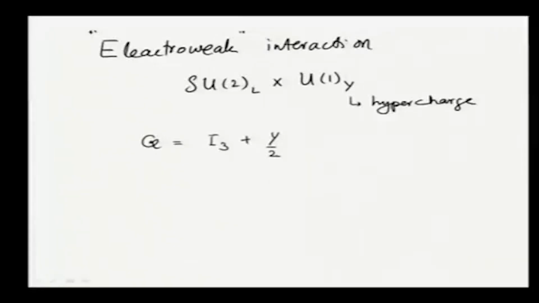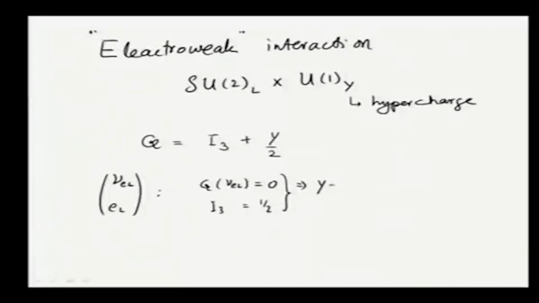where y is the hypercharge. Now, let us look at the left-handed electron and neutrino doublet. Q of nu E L is equal to 0. We know that it is a neutral particle. I3 of this is plus half, and that is sufficient to fix y to be equal to minus 1. If I take y equal to minus 1, I have minus 1 by 2 in the second term of the relation above, and I3 is plus 1 by 2, total is 0.